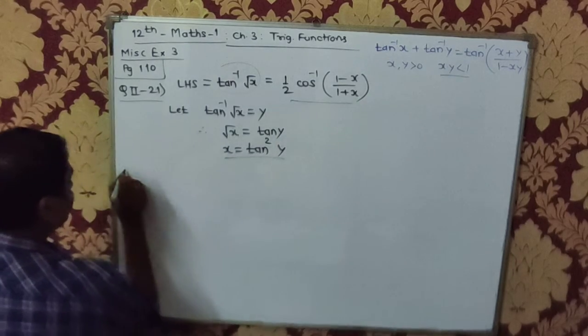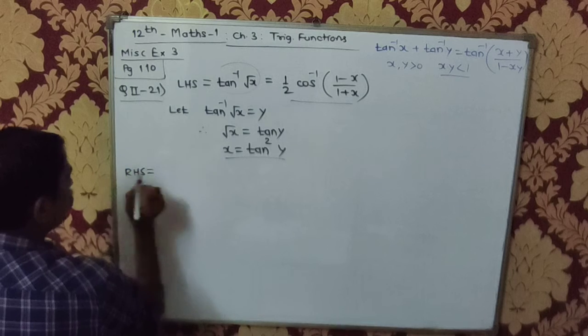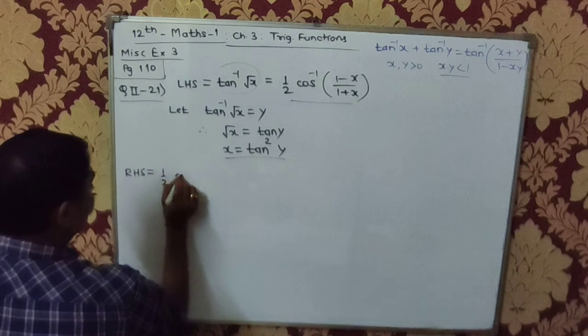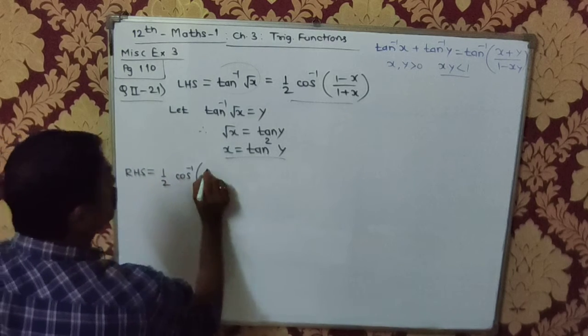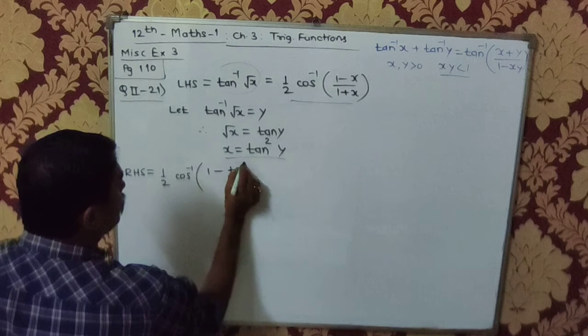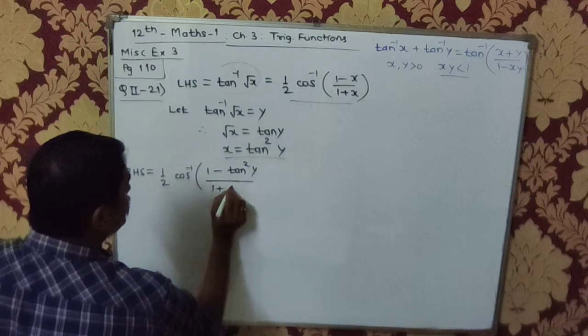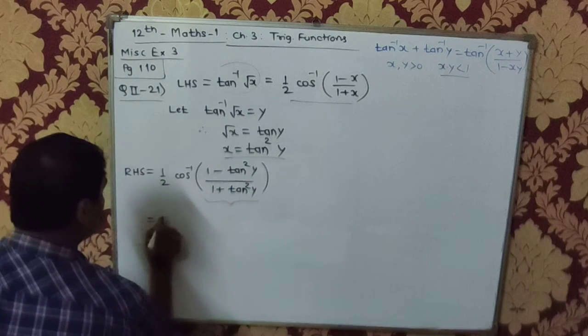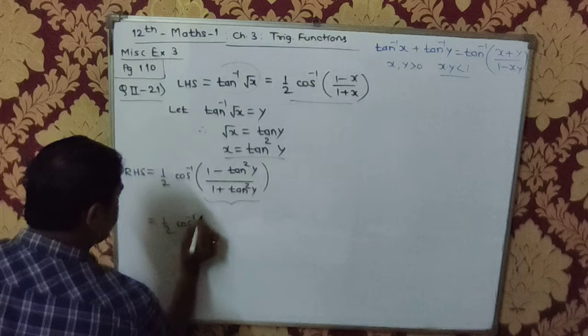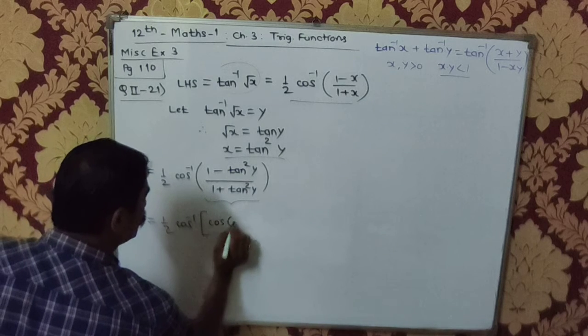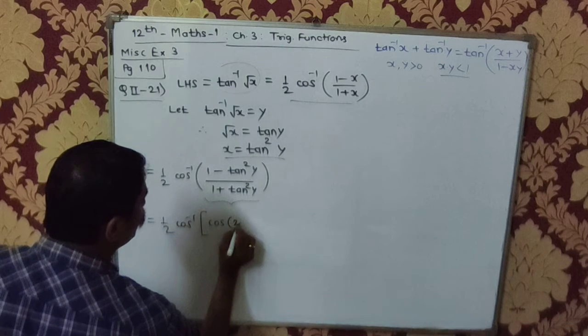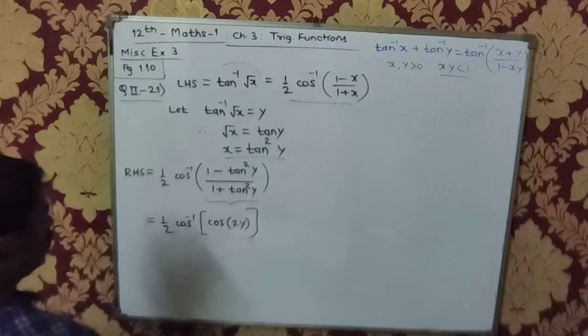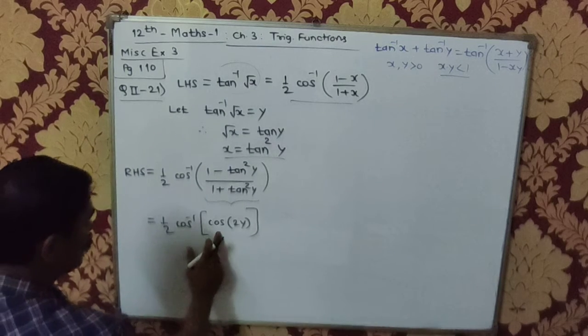So what is the RHS equal to? Half into cos inverse of (1 minus tan square y) upon (1 plus tan square y). Now if I look at this bracket, it is actually cos of 2y, cos inverse of cos.